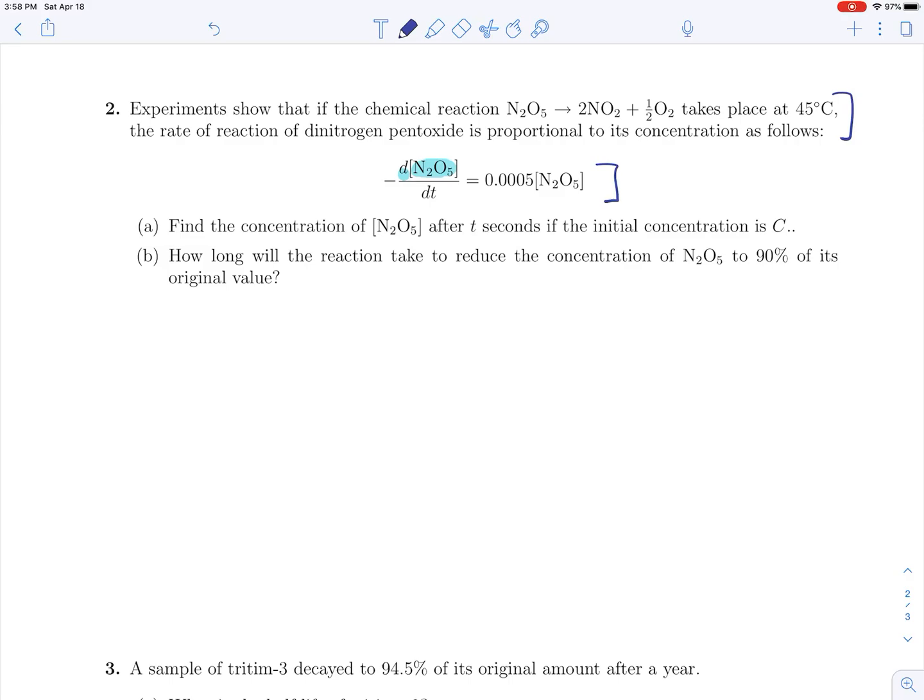Find the concentration of N2O5 after T seconds if the initial concentration is C. So for A, this is exponential growth, by the way.